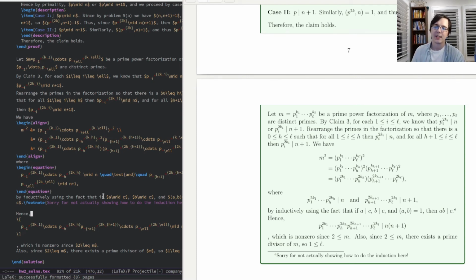Look, what I'm trying to do is show that n divides this, the reverse way, because then by anti-symmetry they're equal.